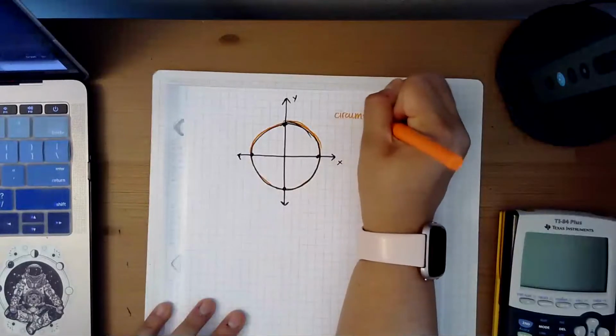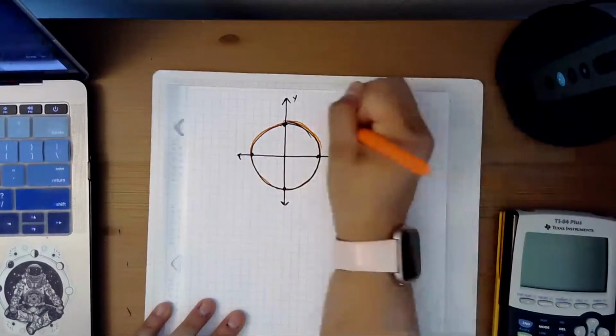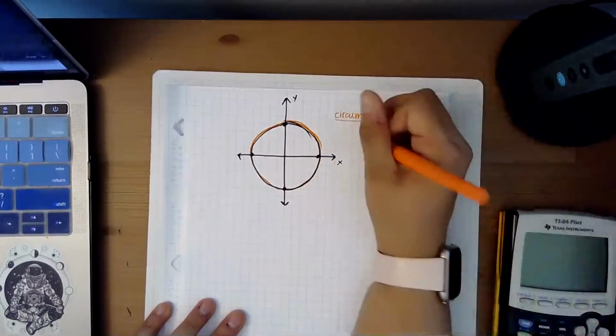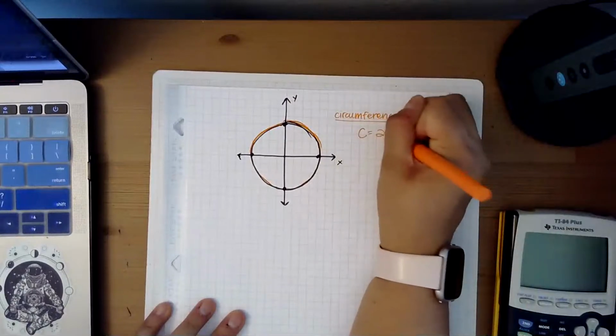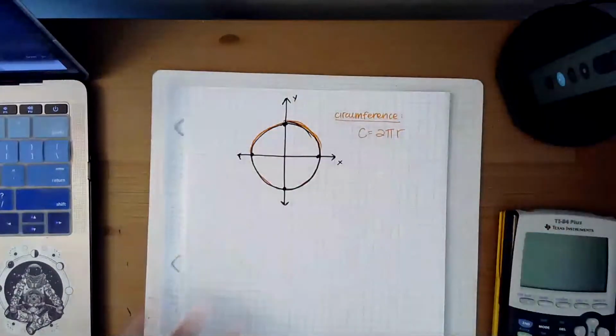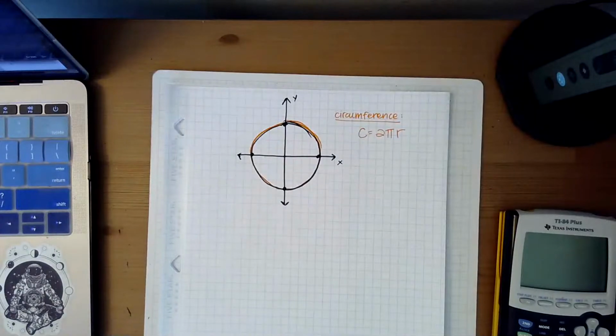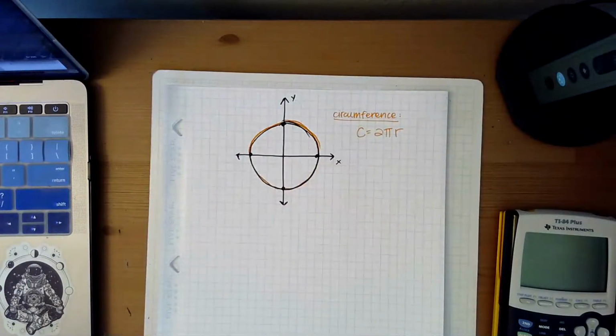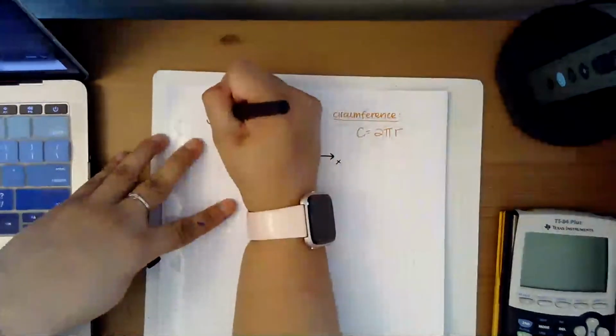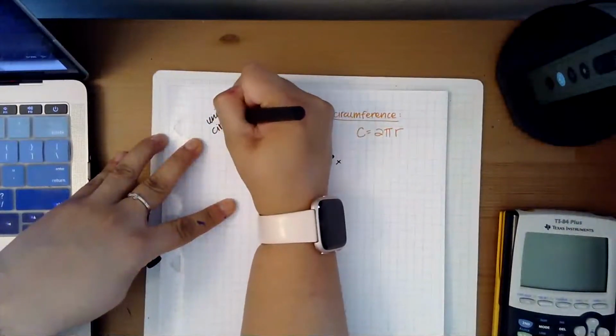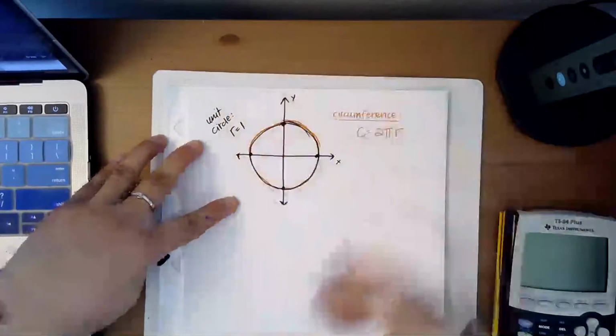Circumference has a formula, and the formula is C equals 2 pi r, where r means radius. Remember, this is my unit circle though, right? So the unit circle has a radius of 1.